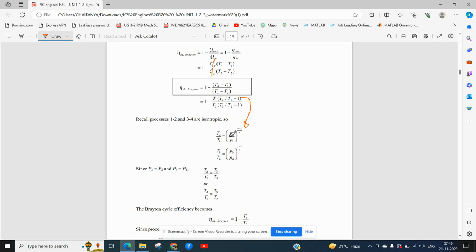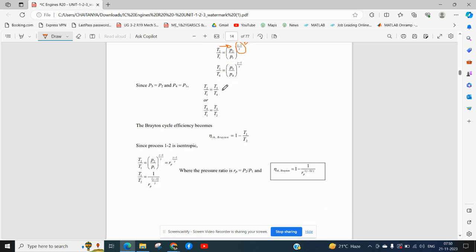T2 by T1 is equal to P2 by P1 to the power gamma minus 1 by gamma for gas turbines under adiabatic reversible conditions. So T1 by T2 is equal to 1 by the pressure ratio P2 by P1, since we need to interchange the temperature limits.